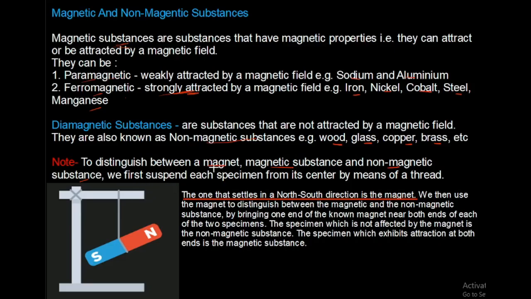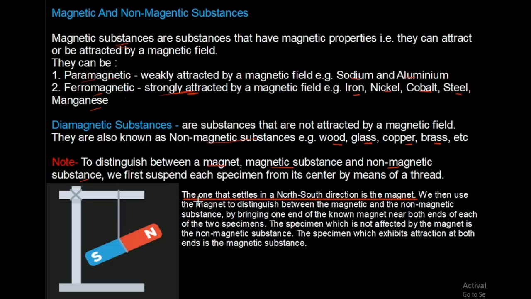All right, now to distinguish them, first we try to distinguish the magnet from the magnetic substance and the non-magnetic substance. And how do we do that? All we need to do is first suspend each specimen from its center by means of a thread.